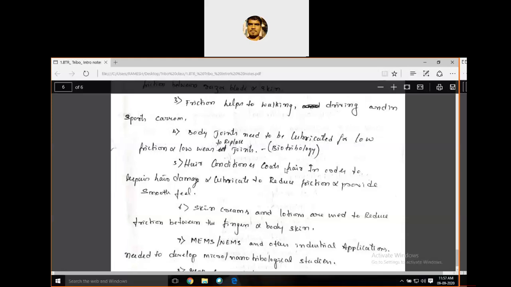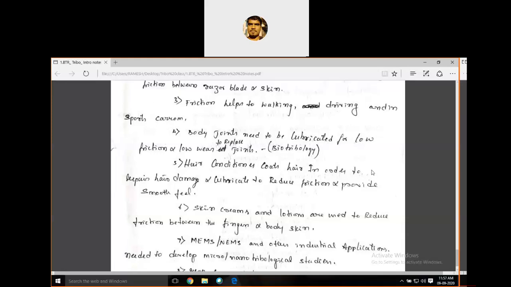Next, air conditioner. Again, the hair, it's also a simple example. In the difference between dry hair and wet hair, wet hair provides smoothness, and you can easily comb, but in dry hair you cannot easily comb because there is no lubricant. Here the lubricant is hair oil.